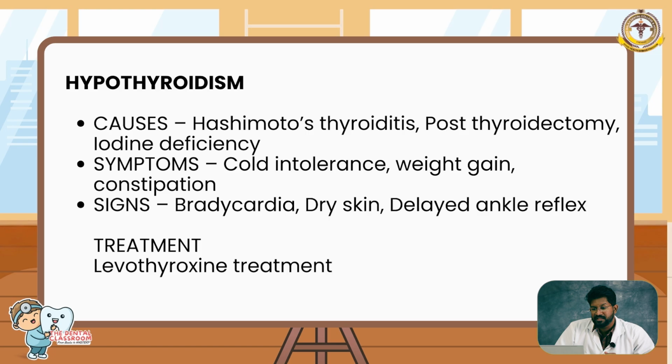In these patients there will be cold intolerance, weight gain, constipation, bradycardia, dry skin, and delayed ankle reflex, which is one key clinical feature. When you check the ankle reflex, it will be a bit delayed. The basal metabolic rate and bodily functions will all be decreased.